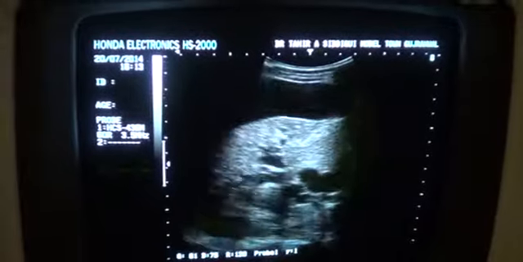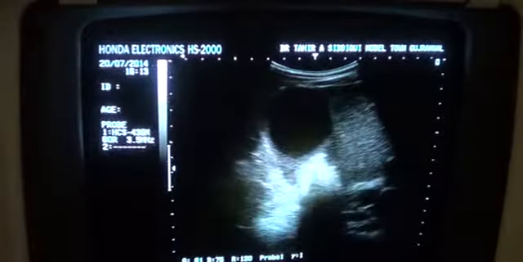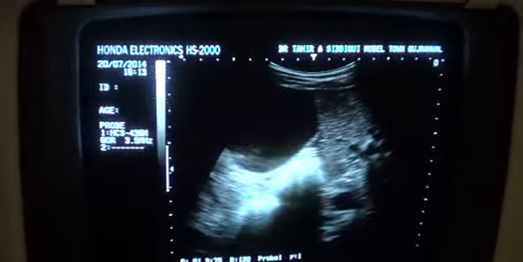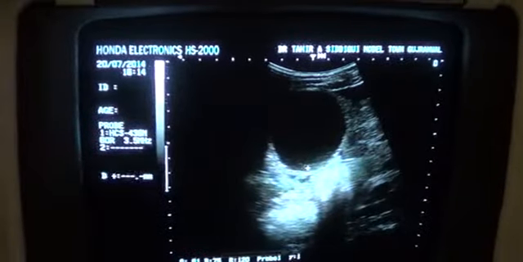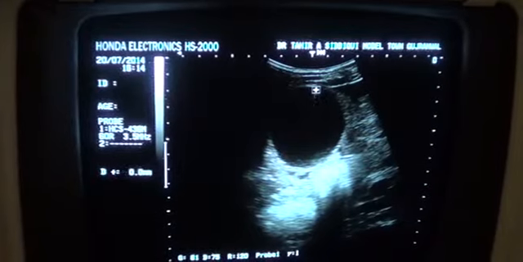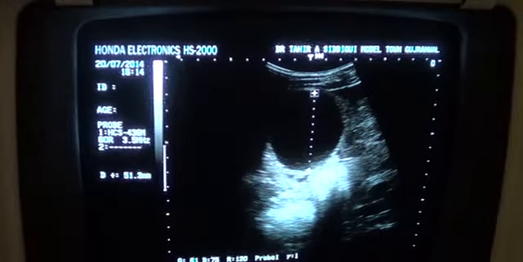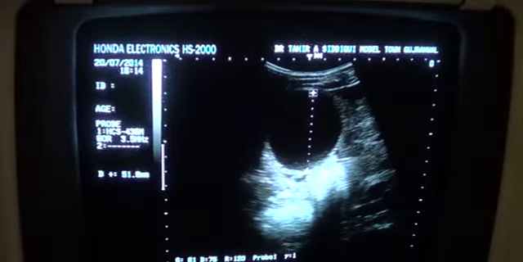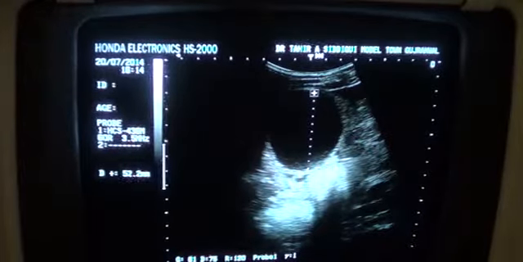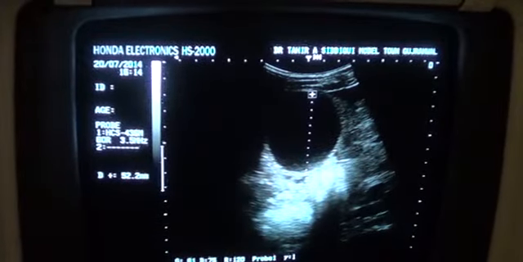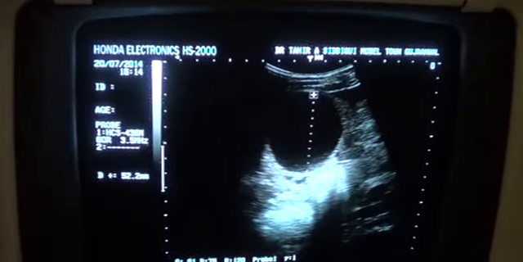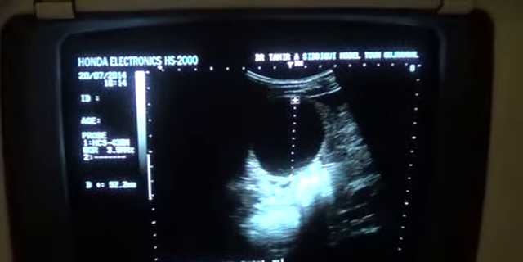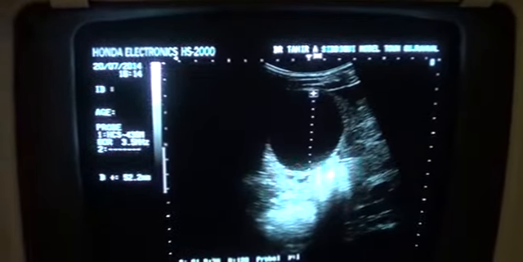Now you see that in transverse section the gallbladder measures approximately 5.2 centimeters, and remember, more than 5 is considered to be dilated.